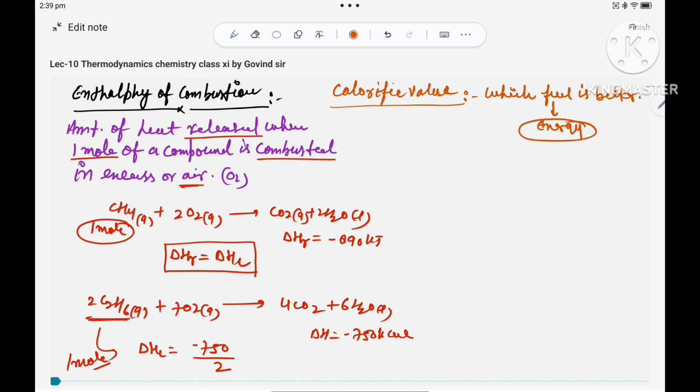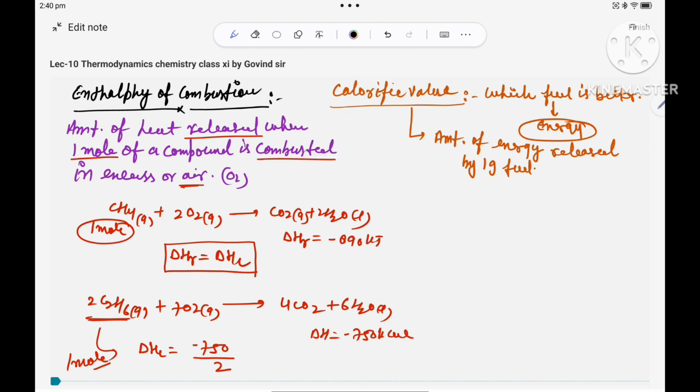In the case of energy release, or you can say amount of energy released by 1 gram fuel. It is the amount of energy released by 1 gram of fuel.